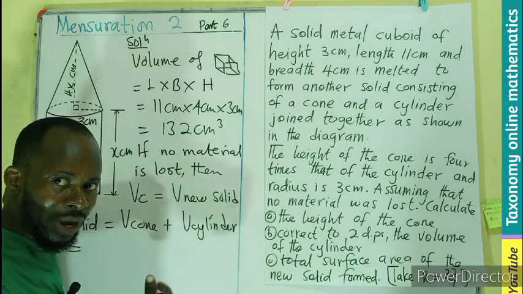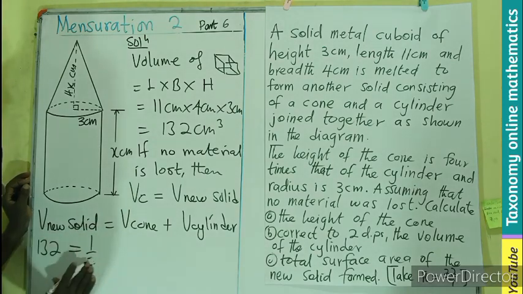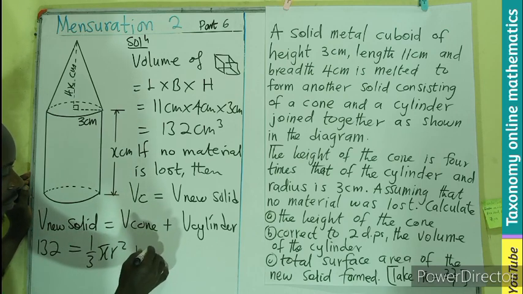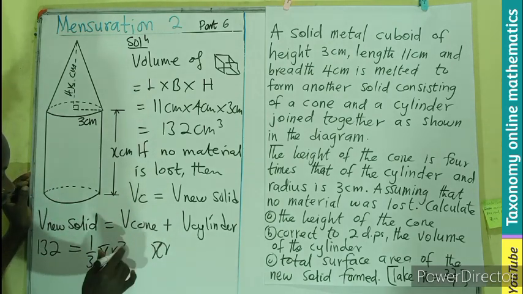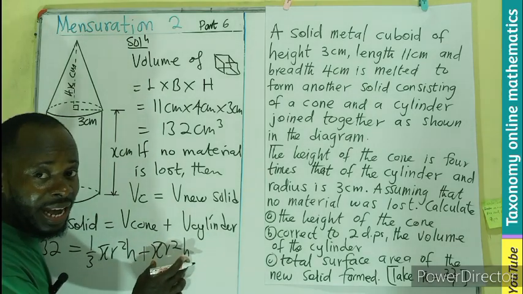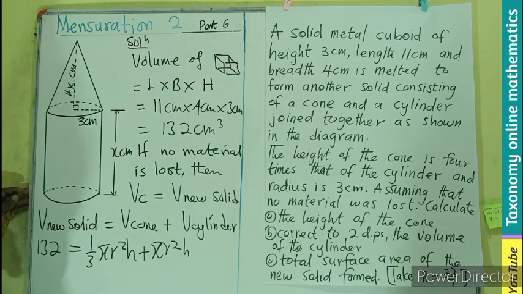Remember, the formula is 1/3 the volume of the cylinder. So 1/3 pi r squared h plus pi r squared h. This is the volume of a cylinder, and 1/3 of this gives you the cone. So what do we do from here?